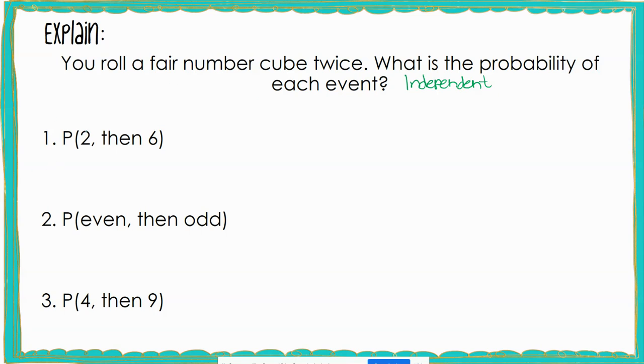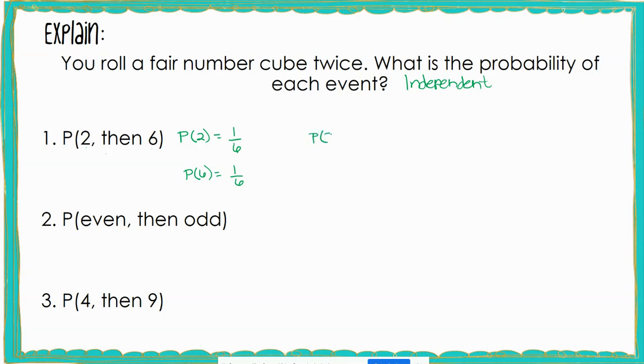So for number 1, it asks us for the probability of landing on a 2 followed by landing on a 6. Well, what I want to do to solve this is to find the probability of a 2. Well, there is 1 2 on a number cube out of 6 total spaces. So the probability of landing on a 2 is 1/6. Then I want to find the probability of a 6. Well, again, there is one 6 on a number cube out of 6 total sides.